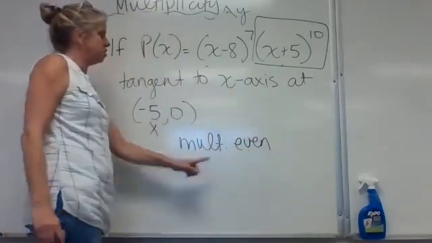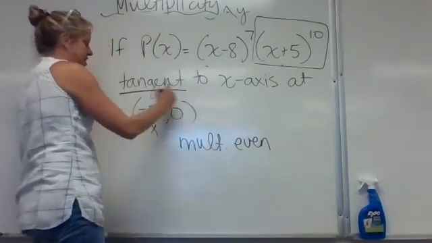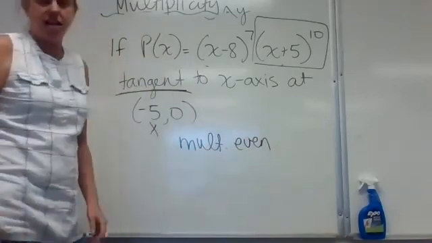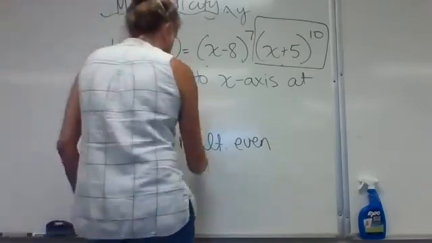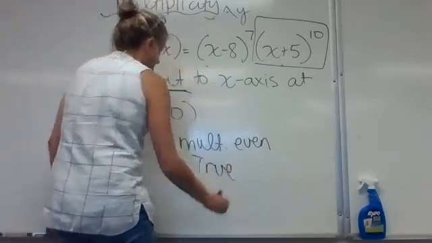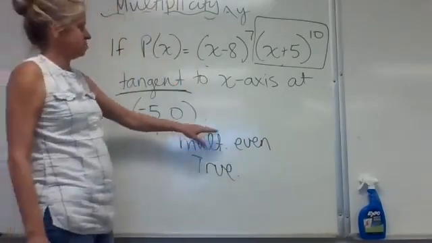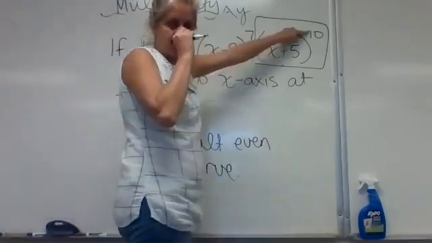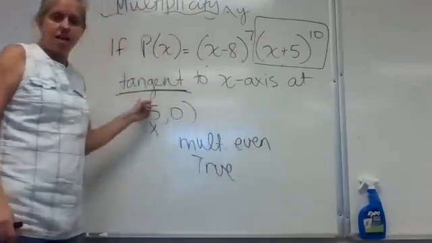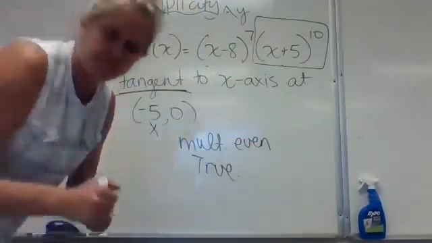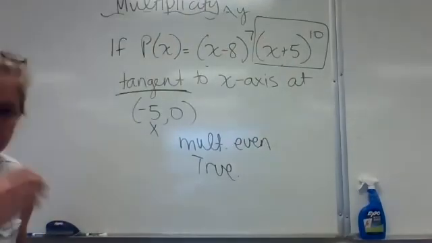And what does even multiplicity mean? It does mean it is tangent, right? Odd multiplicity means cross. So this one would be true because its multiplicity was 10, which is even, which does make it tangent.